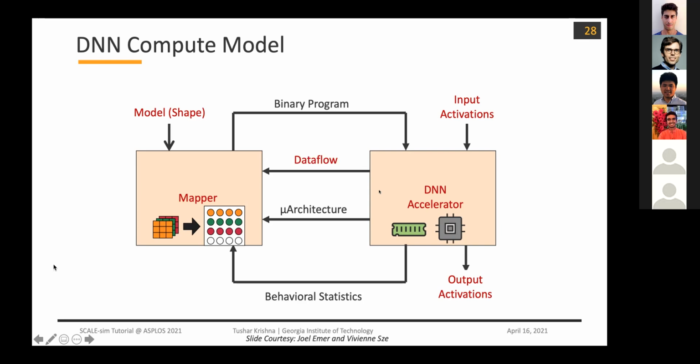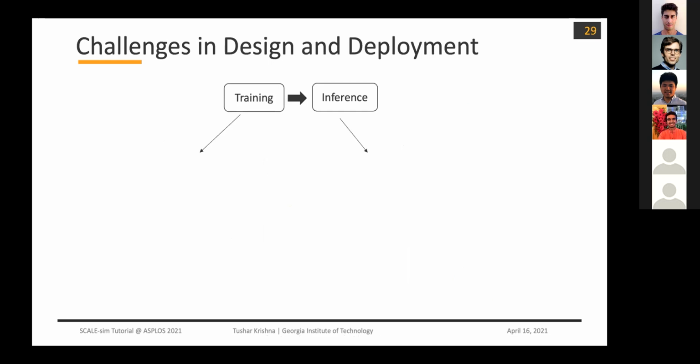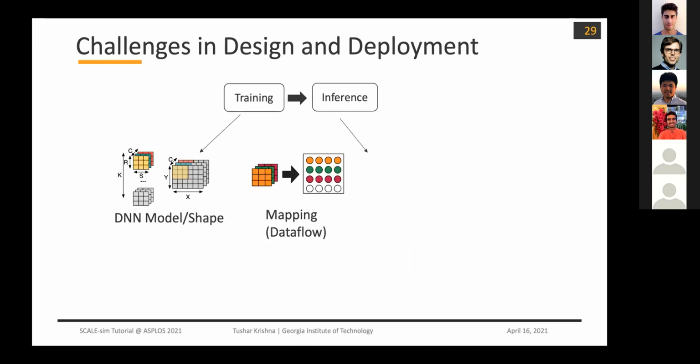The accelerator inherently has a data flow that we'll talk about in the ScaleSim piece of the tutorial, and there is an implementation. And some of these details are exposed to the mapper that helps you optimize the mapping onto the accelerator, right? And so you have the configuration that gets fed in for each of the layers that you're mapping here.